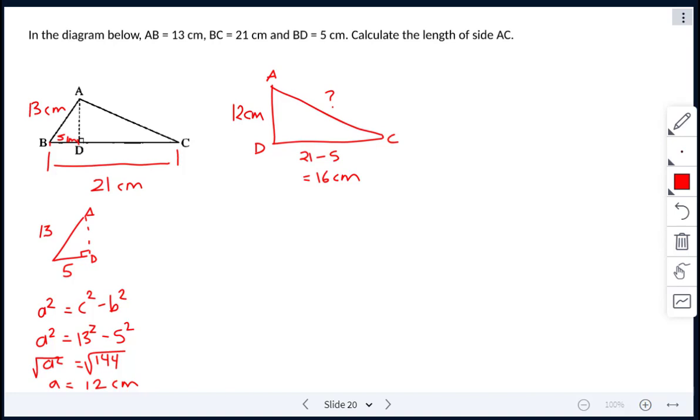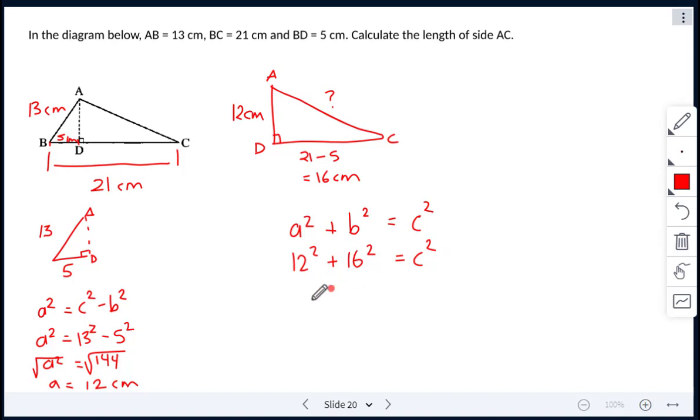Now if we look at our triangle, this is our right angle right there. We are solving for the hypotenuse AC. So now we can go ahead and solve. A squared plus B squared is equal to C squared, or AC squared. So 12 squared plus 16 squared.